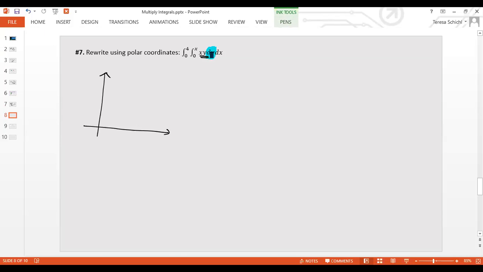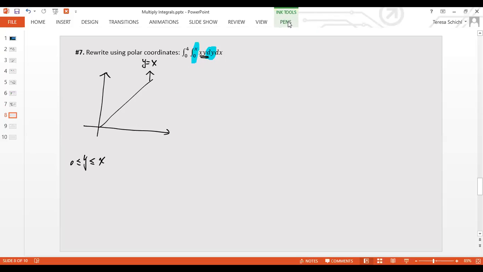This is dy, that means this is the boundary for y. So y is from 0 to x. Y equal to x is this one, right? So this is y equal to x.